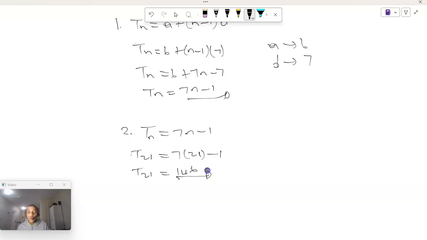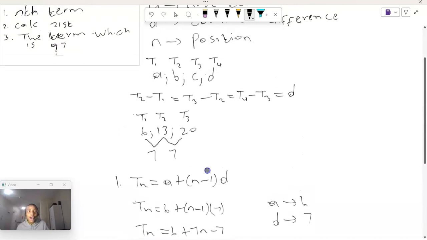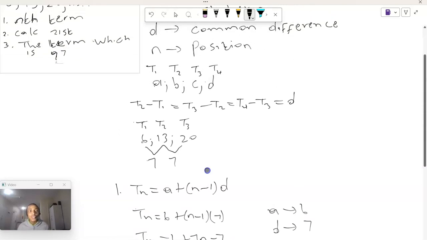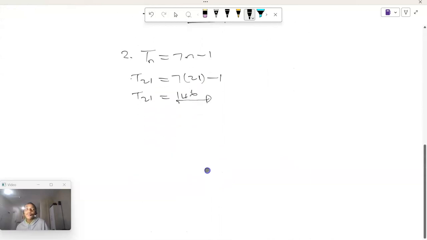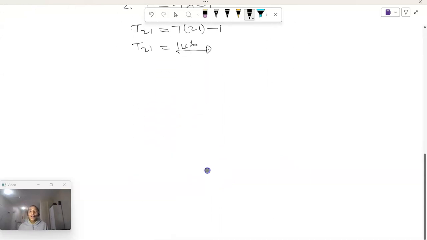Now we look at our third question: determine which term in the sequence is 97. We are looking for the value of n, the position of that 97.